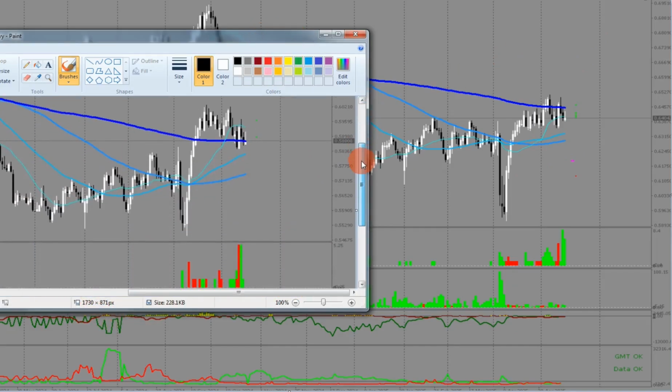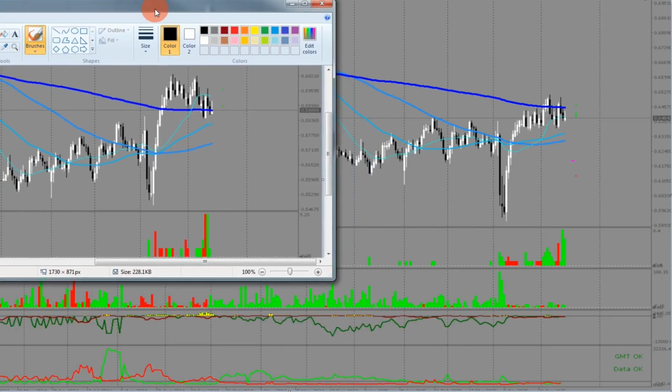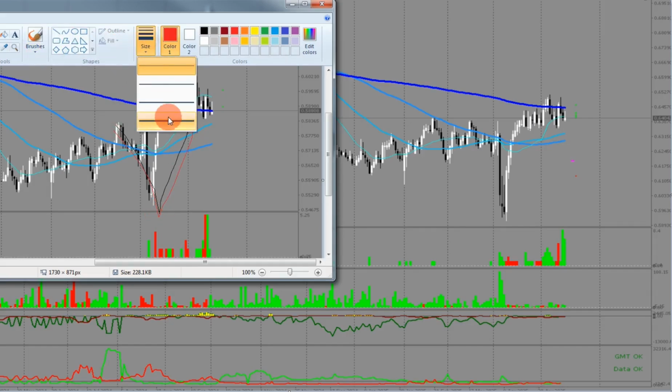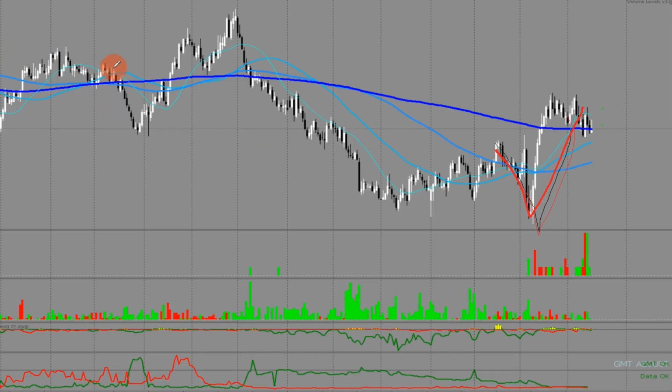Look at that. Almost, not exactly, but you get the drift. Here we had the down move, up move. Here we had the down move, up move. The long downtrend in Aussie, the same in Kiwi.